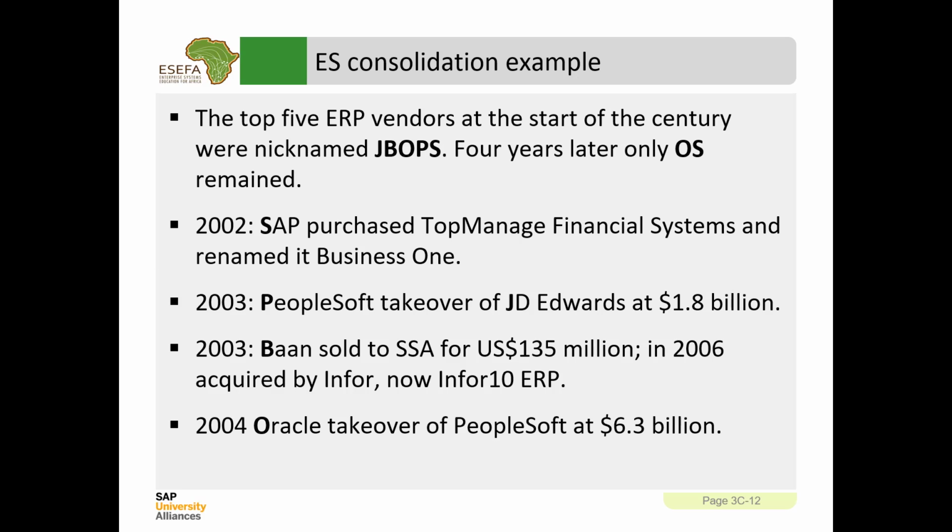We have the SAP as it is. For the P, you have PeopleSoft that took over JD Edwards. So the J stands for JD Edwards. The B stands for BAAN, and the O stands for the Oracle that took over PeopleSoft.